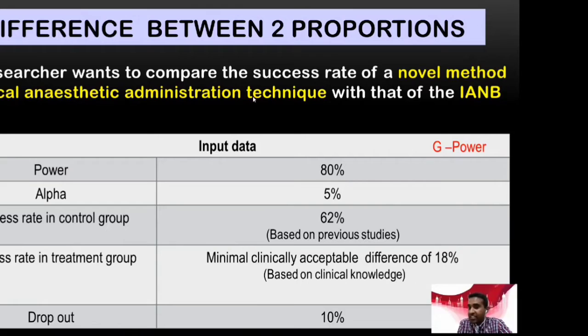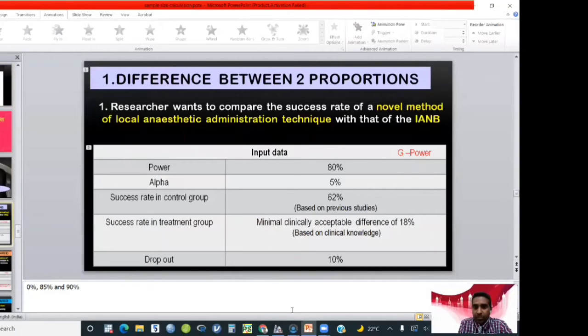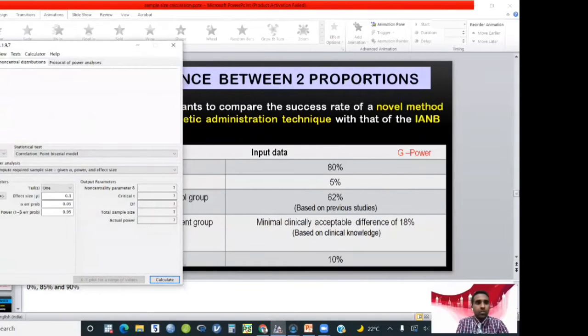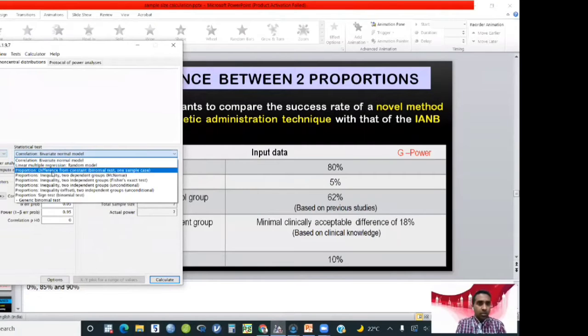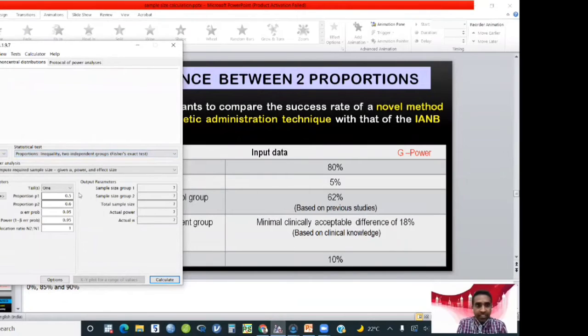So with this novel technique, let us try to calculate sample size using G-Power software. Let me open the G-Power software. So sample size is going to be based upon the proportion, two independent groups. Fisher's exact is the statistical test we are supposed to use. It's a two-sided test. What is the proportion for the first group? It is 62%.